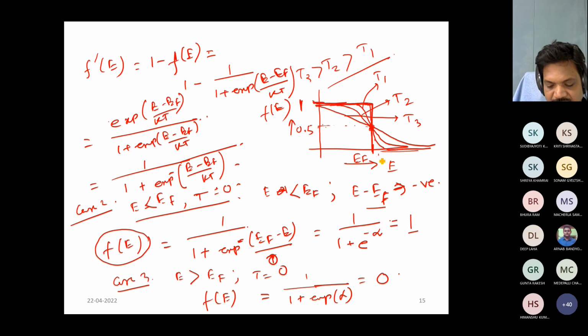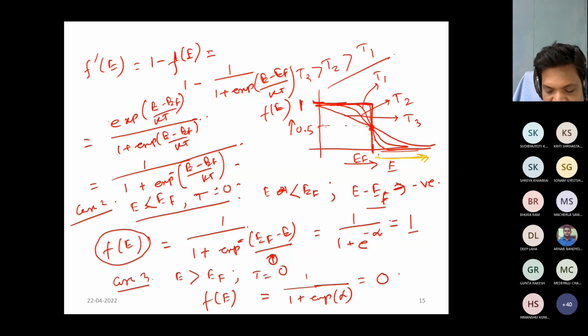This is the Fermi energy. If we move away from the Fermi energy, the energy level is higher and the probability of occupancy of an electron gets less.